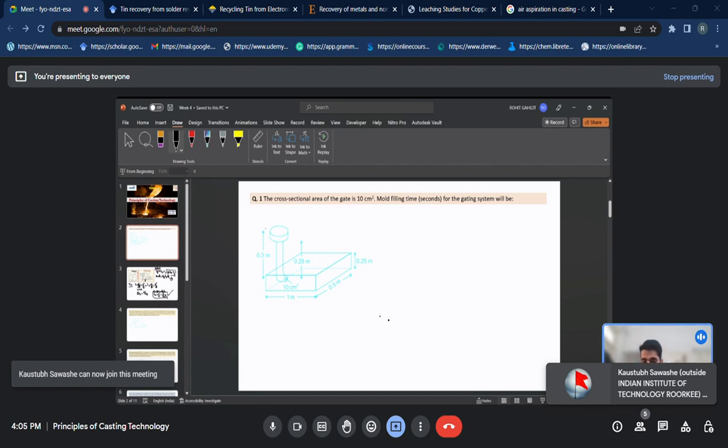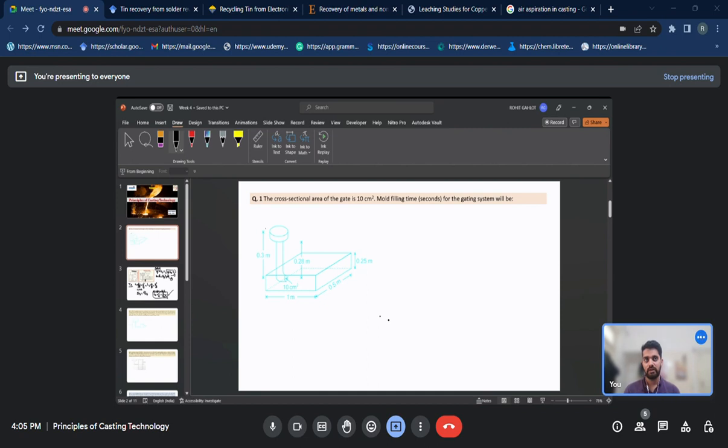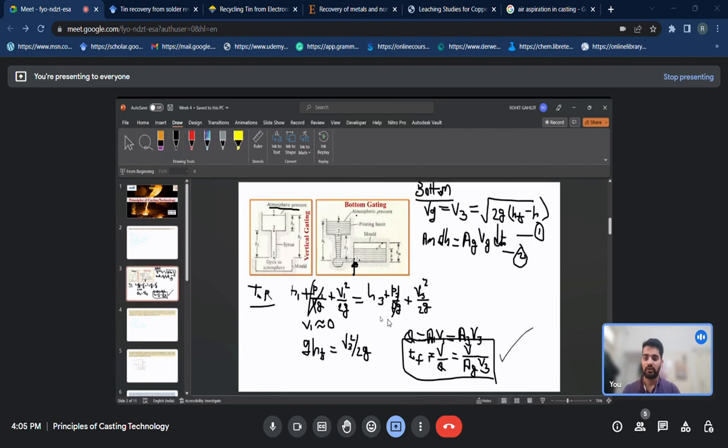The derivation of the bottom gating system has already been covered by Professor Jha, but it will be helpful for a recall. I also covered this in the previous tutorial for the top gating and the bottom gating system.